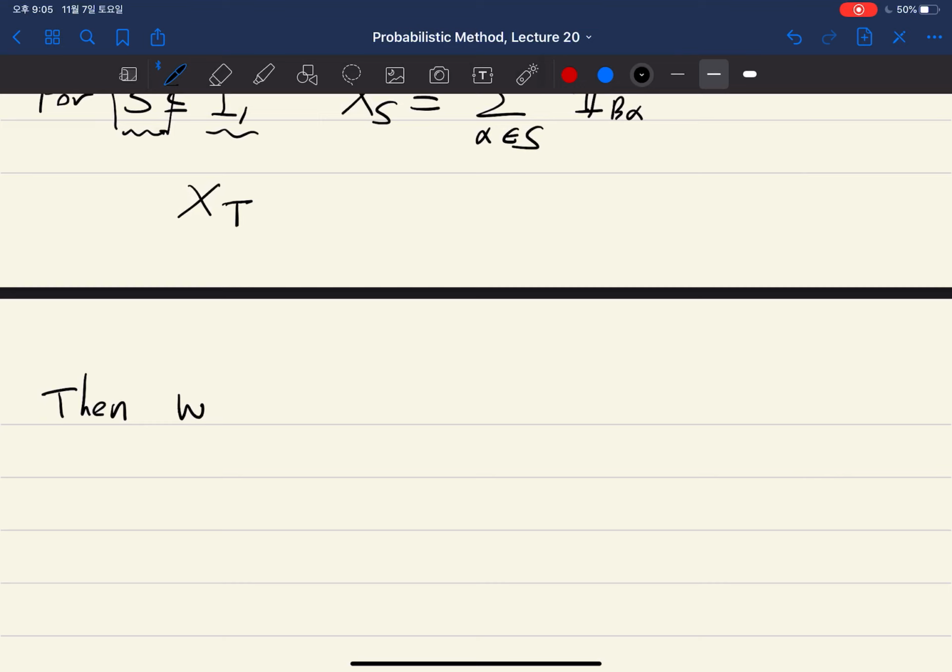Then if we fix one randomness, so if we fix a choice of one of these two randomness and this is still random, then we can estimate the probability.